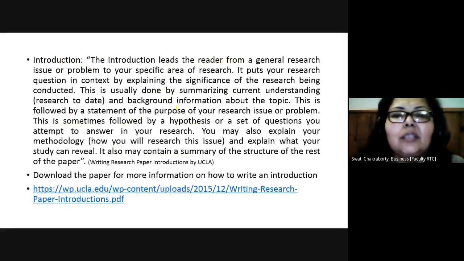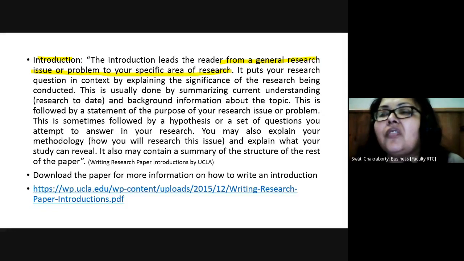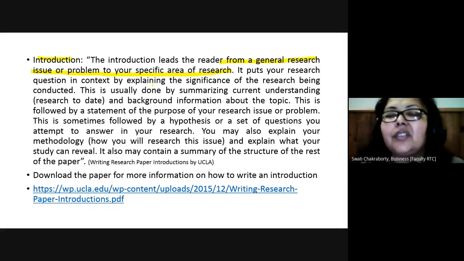Then the other important thing is the introduction, which leads the reader from a general research issue to a problem, to a specific area of research. It puts your research question in context by explaining the significance of the research. How is it done?